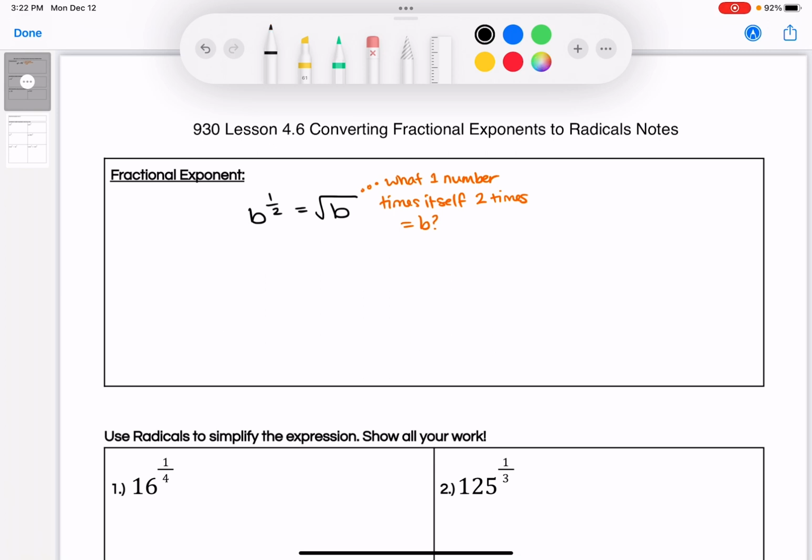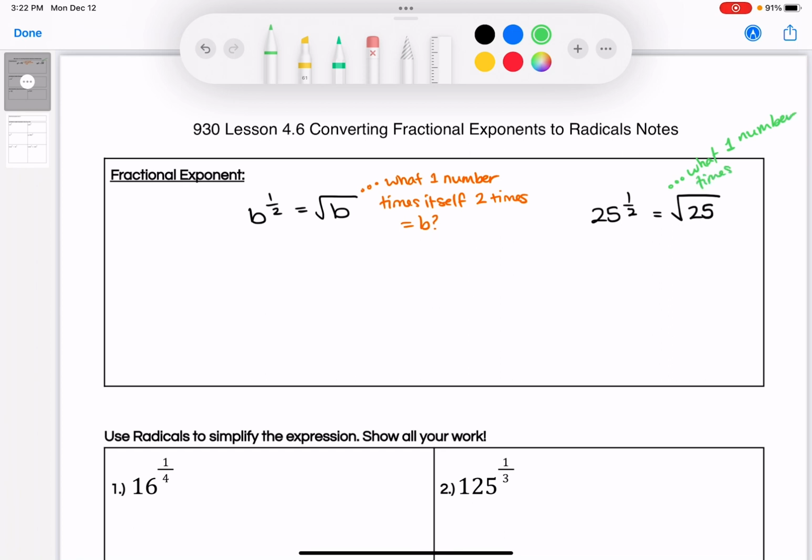So, for example, if I had 25 to the 1/2 power, that really means, what is the square root of 25? What one number times itself 2 times equals 25?